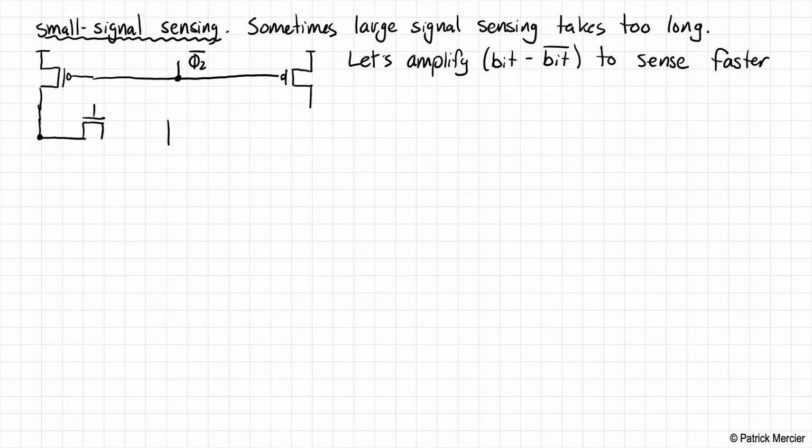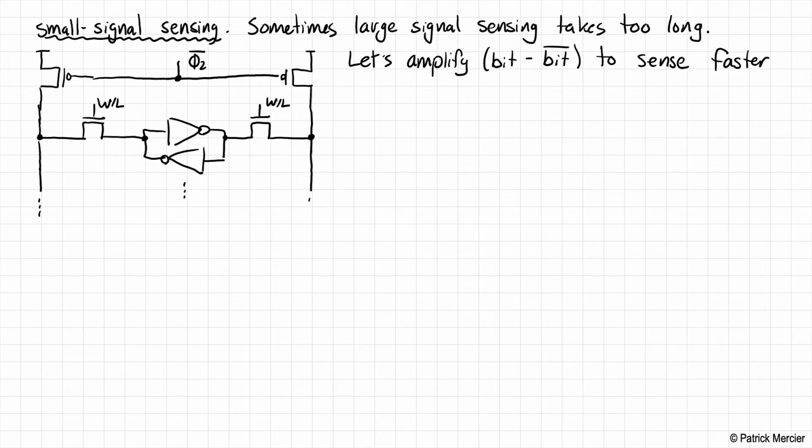It's a connection of back-to-back inverters, connected as follows, and this is connected to the word line. And then we have a whole column of these guys. And we want to amplify the difference between bit and bit bar, and we want to do so very efficiently.